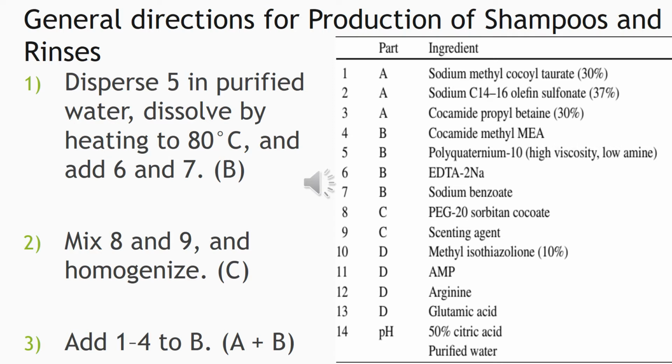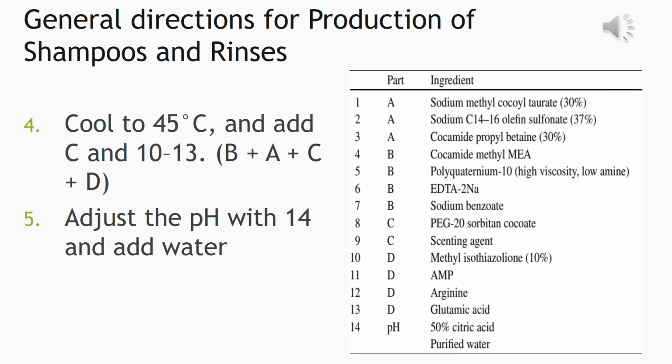Then after that, this will be category C. Then in step 3 we shall add 1 to 4: sodium methyl cocoyl taurate, sodium C14 to 16 olefin sulfonate, cocamidopropyl betaine, and cocamide methyl MEA. We shall add all these 4 into the mixture of B, which we have made in step 1.